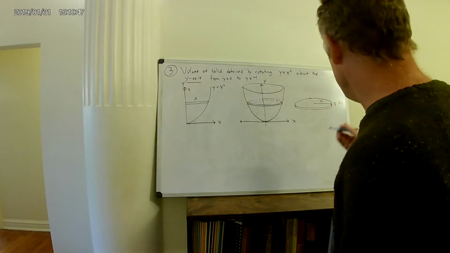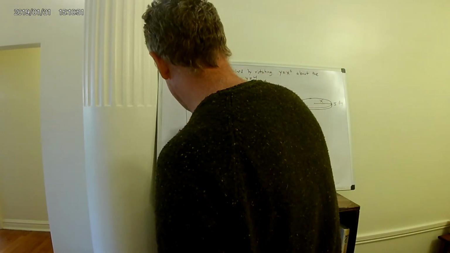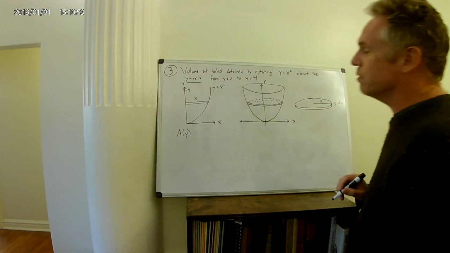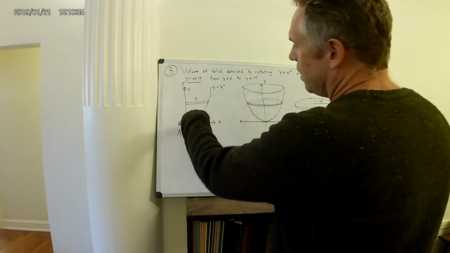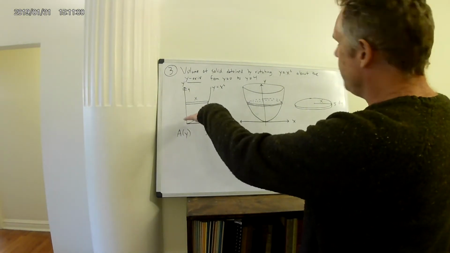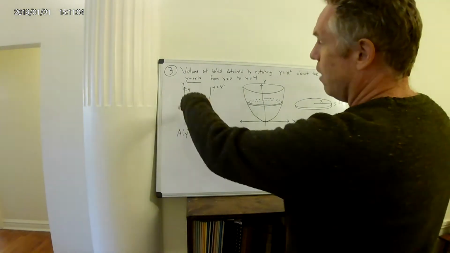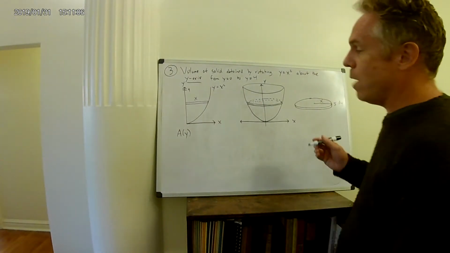And now the area of this, and our area now is a function of y, not x, because, again, everything changed because we're rotating around the y-axis. So the area of each disk is going to be a function of where you are along the y-axis. In fact, the area will get bigger as you go higher up along the y-axis.